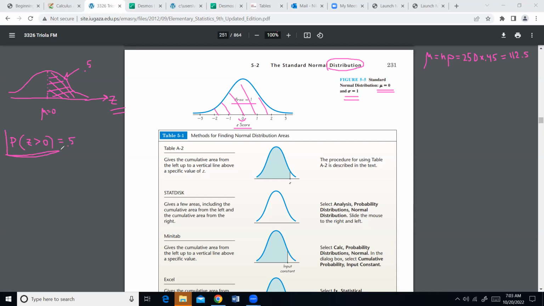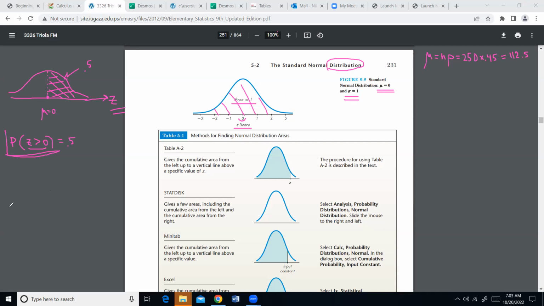So it's just vocabulary or notation. People describe those probabilities with symbols instead of writing all that with words. So they say the probability or area from the value of 0 to the right, that z is greater than 0, is whatever we have here.